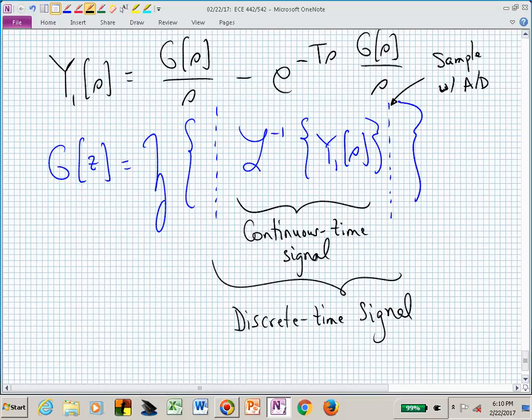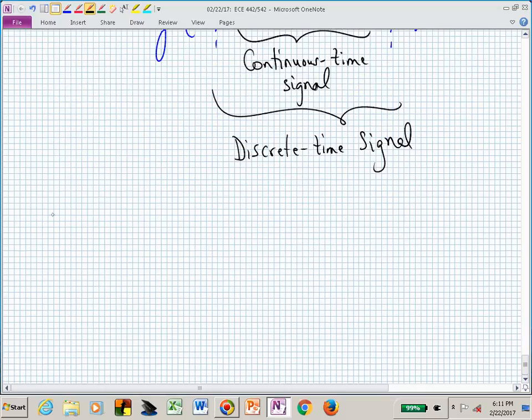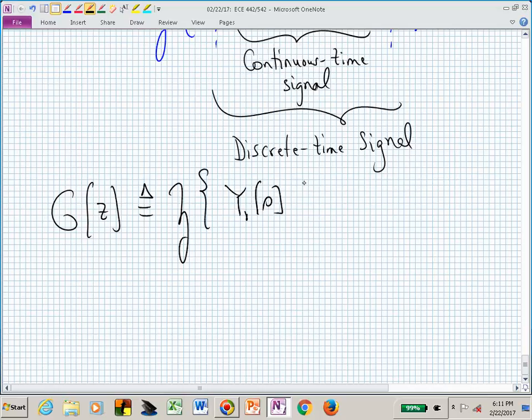Now that's going to get a little tiresome to keep doing this, right? And we want to be efficient. So I'm simply going to define g of z to mean what I've just diagrammed out. I'll define g of z to be the Z-transform of y sub 1 of s.